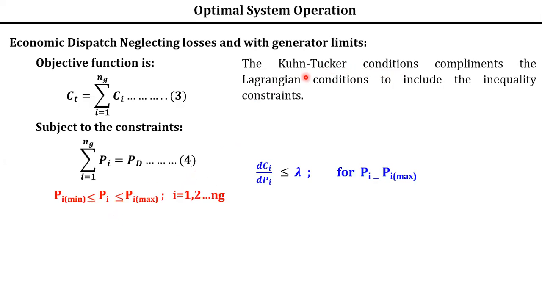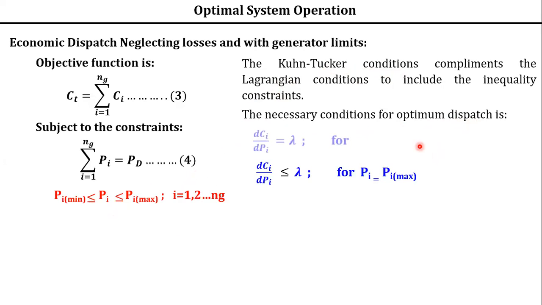These Kuhn-Tucker conditions will complement the Lagrangian conditions. So what are those Kuhn-Tucker conditions? Let us see here. The necessary conditions for optimal dispatch, this is important: the first one is dCi by dPi equal to lambda.